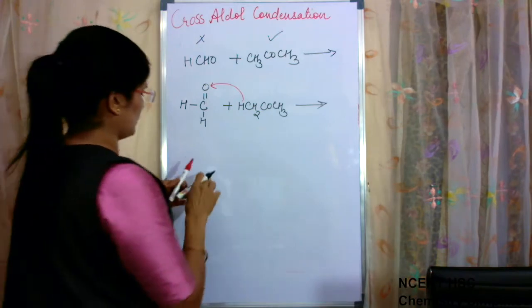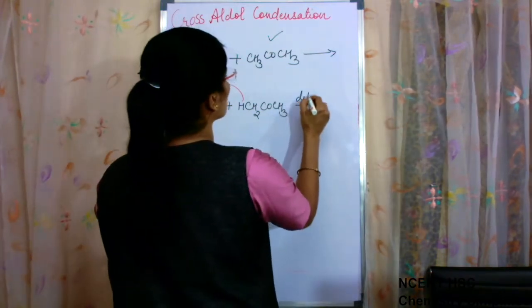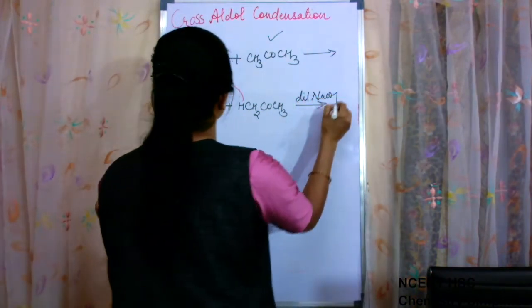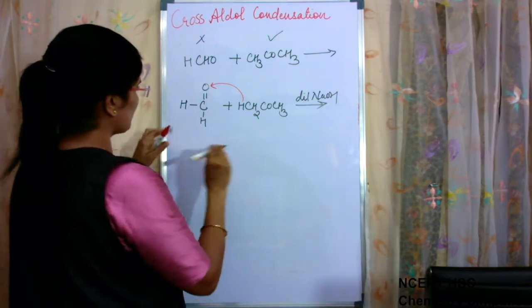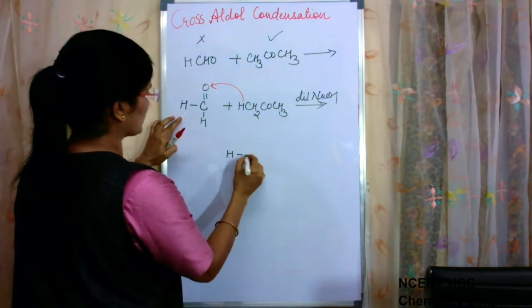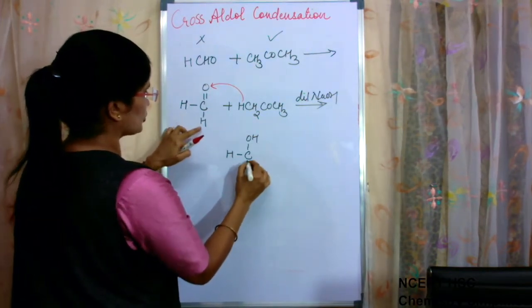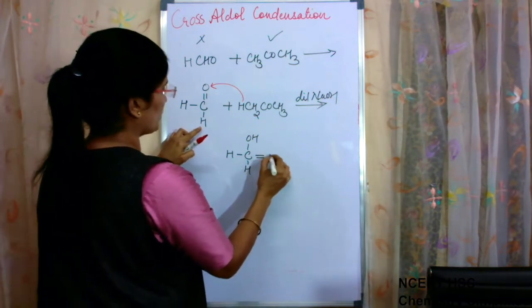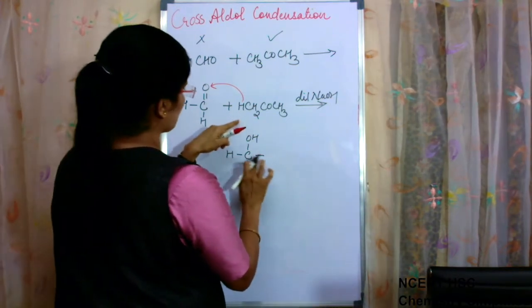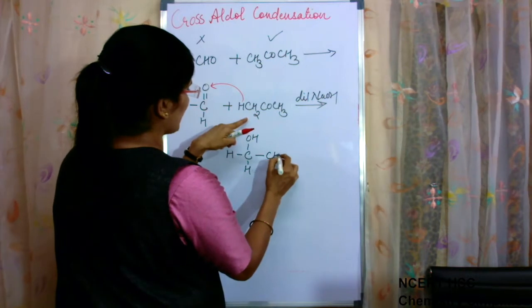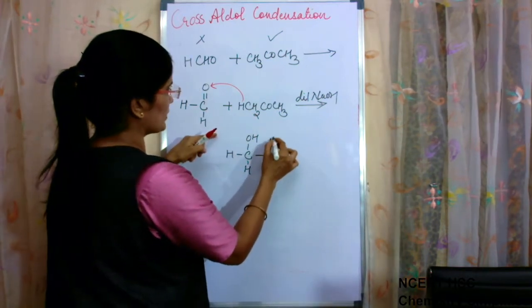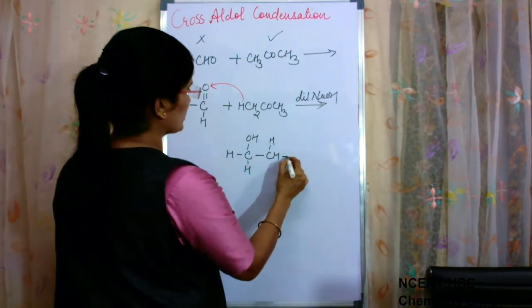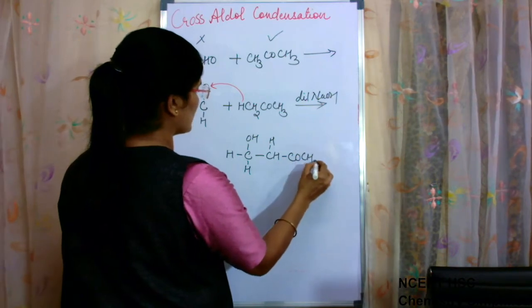In presence of dilute NaOH, the intermediate product will be HCOH-CH2-COCH3.